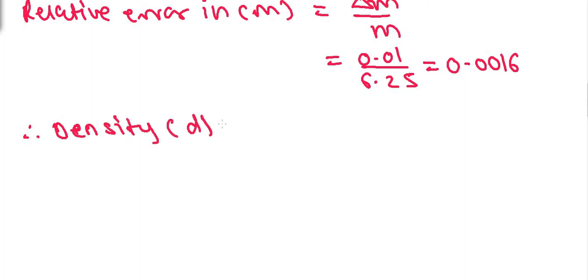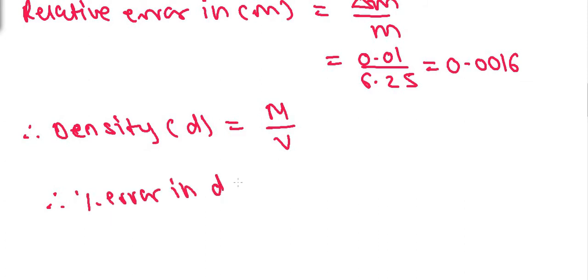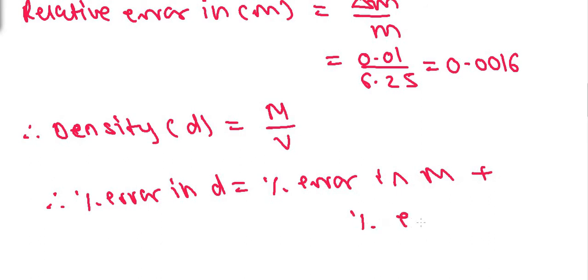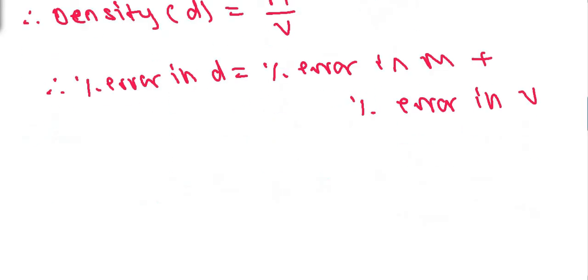Now for density, let us write D. The formula is mass upon volume, m upon v, and therefore by using a formula for division of two functions, we can write percentage error in density is equal to percentage error in mass plus percentage error in volume.